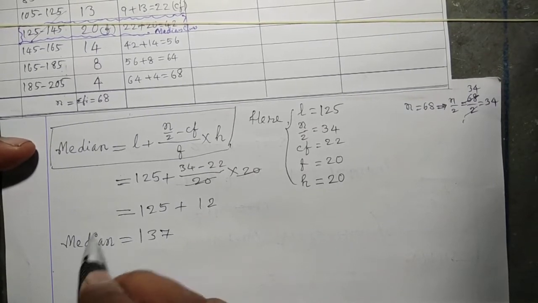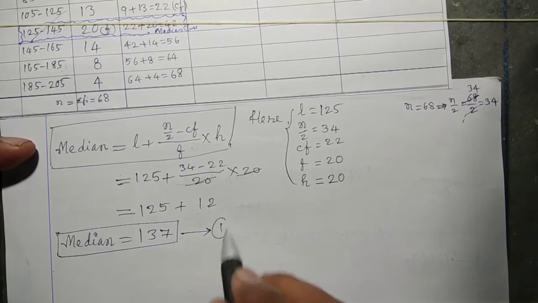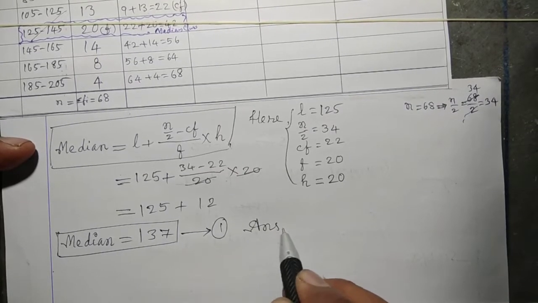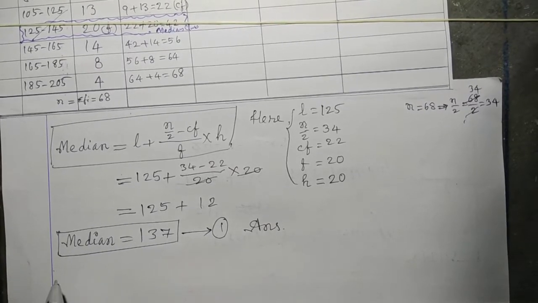So the median is 137. This is one answer. We have to find 3 answers.